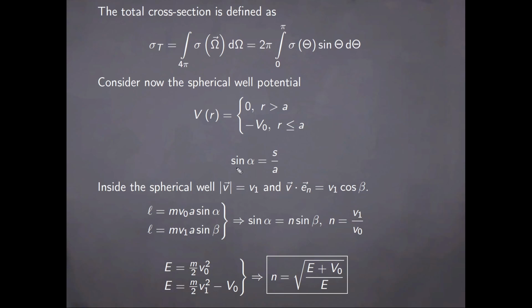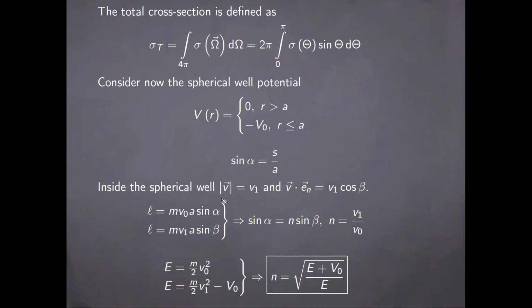We will define the angle alpha as having the sine given by the ratio between the impact parameter of the particle and the radius of the sphere. And we will note the following things.